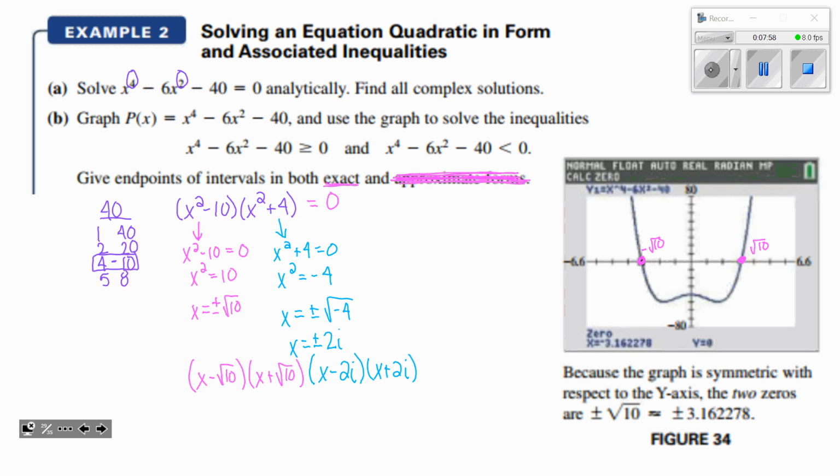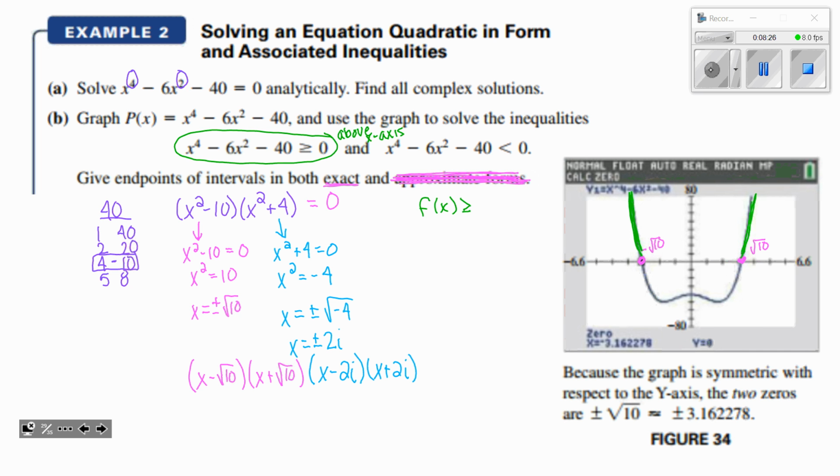So let's talk about the inequality piece with this. Again, just like the last one, when I talk about when is it greater than 0, that means above the x-axis. So where is this above the x-axis? It's above the x-axis from negative infinity to negative root 10, and from root 10 to infinity, those pieces I just traced green.